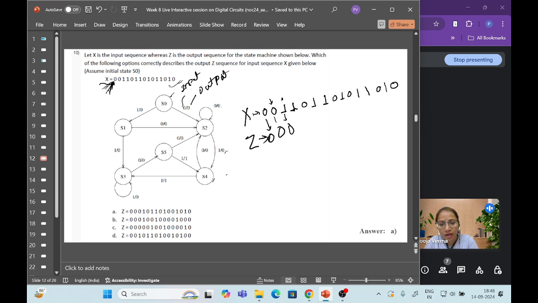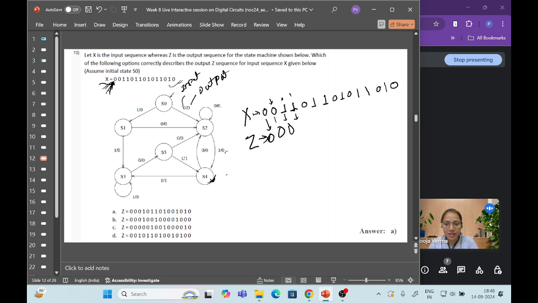Now we have reached S4, and the next input is again 1. Where is it going, and what is the corresponding output? Anyone want to answer this question? For this input 1, we are currently at state 4.